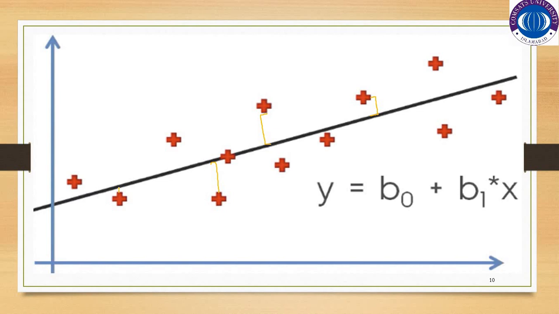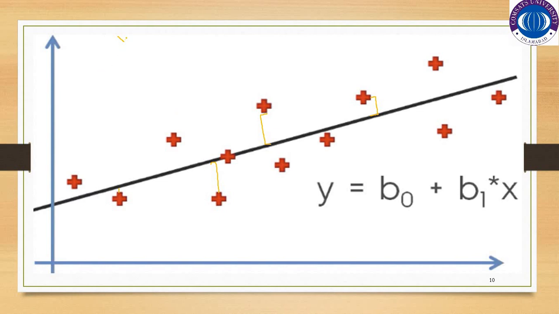So there is some error, as you are saying that this x is used to determine this y, but this x is not exactly explaining the whole variation in y, because there are some other factors too which are affecting this relationship.